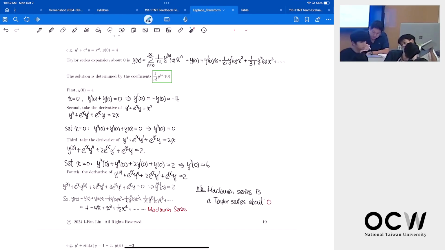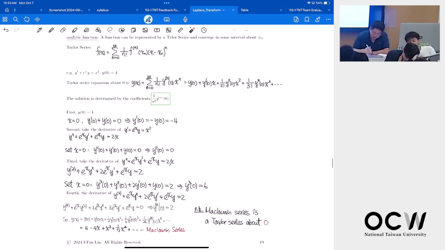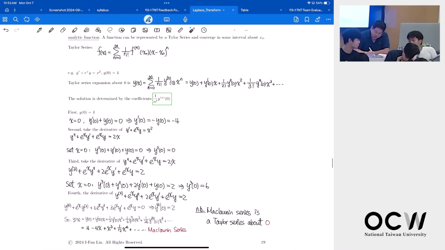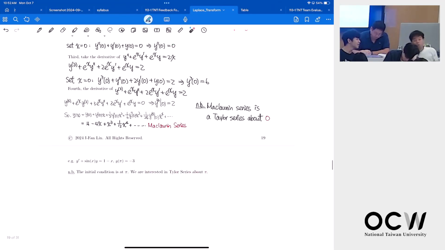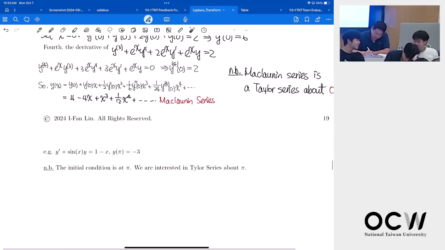Because so far, you can see that our initial condition is at 0. But in this case, the initial condition is at pi. So since it is at pi, then we will try to find the Taylor series about pi rather than 0.